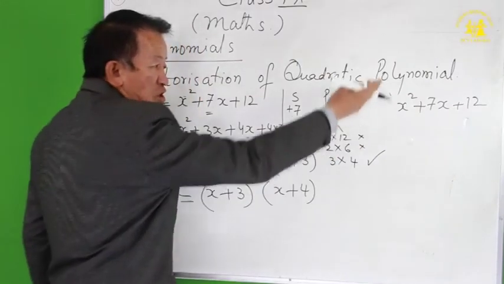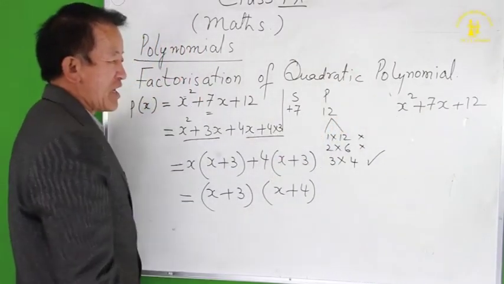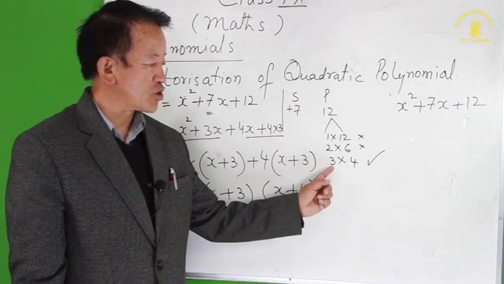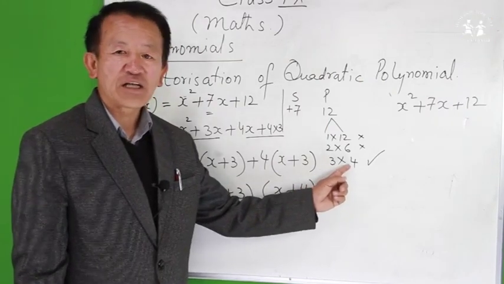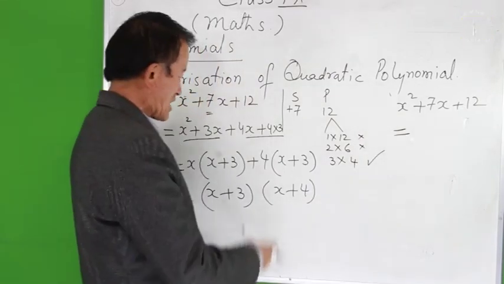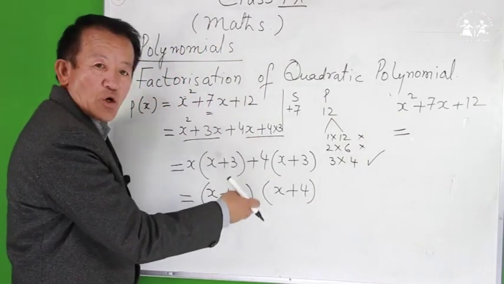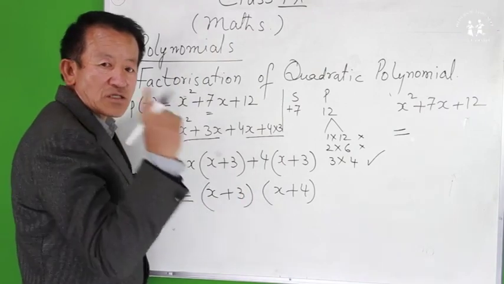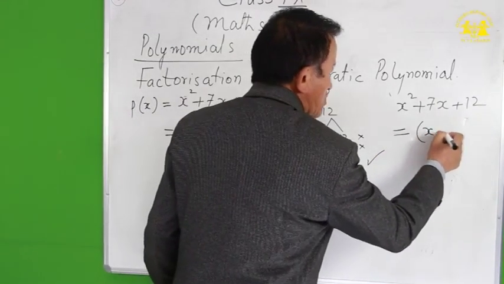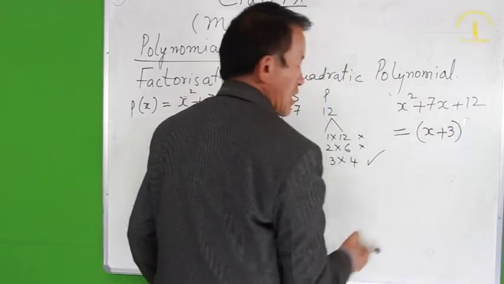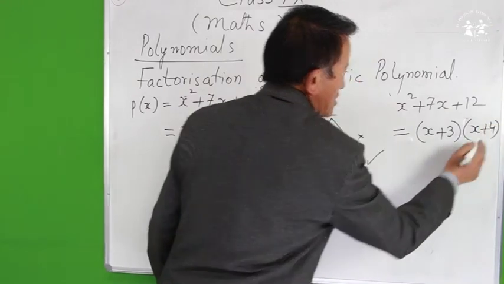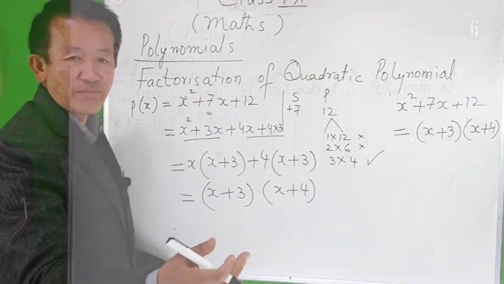If the coefficient of x squared is 1, we know that the two numbers are going to be 3 and 4. So I would directly write, instead of going through all this process, if the question carries just 1 mark, x plus 3 into x plus 4. That is how to save time.